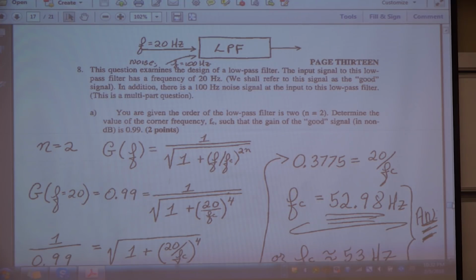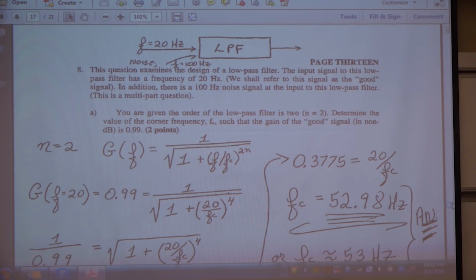All right, I wanted you to think about the design of a low-pass filter. So, the input signal to this low-pass filter is 20 hertz. There's 100 hertz noise, also input. As you can guess, I want to get rid of the noise.